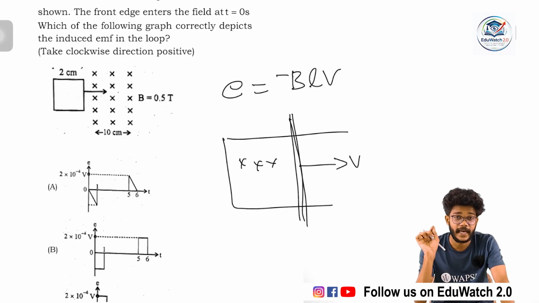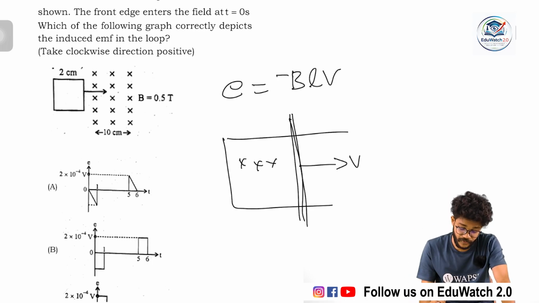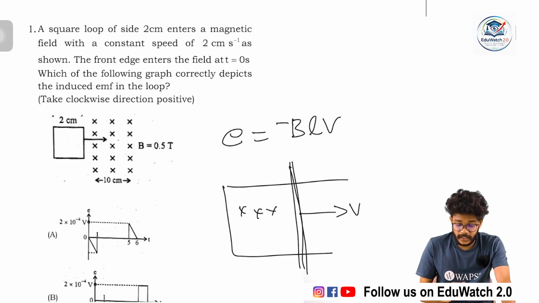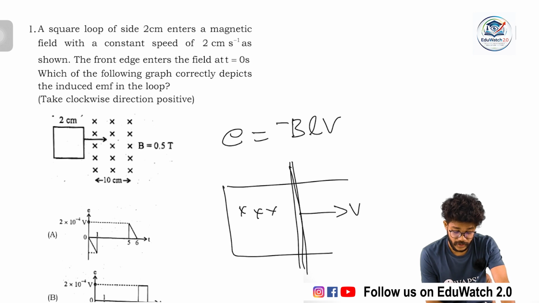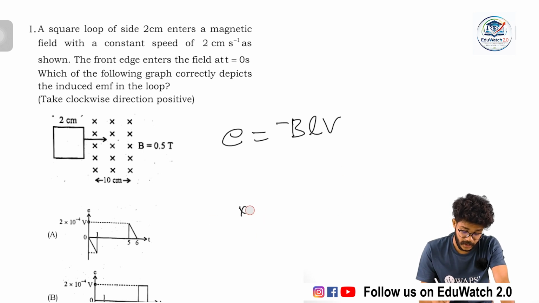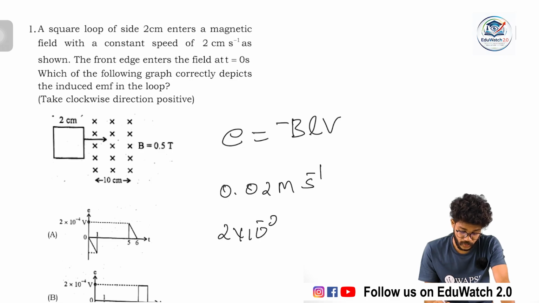By using this formula, the velocity is constant throughout the motion and it is 2 centimeter per second. We can change the unit into meter per second, that is 0.02 meter per second, that means 2 into 10 raised to minus 2 meter per second.